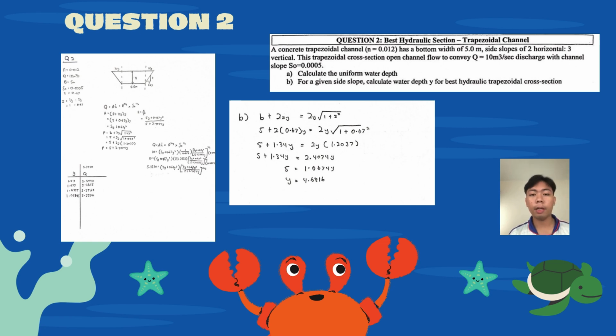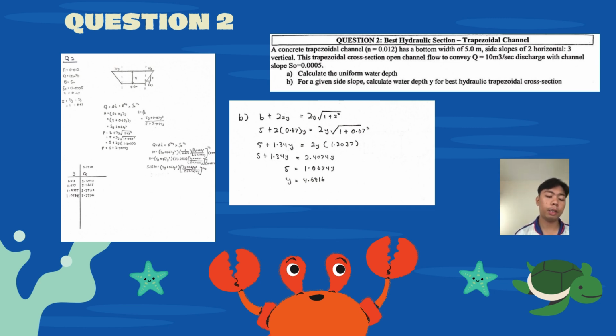Then we find P for the R. The P formula is P equals b plus 2y square root of 1 plus z square. So we get P is 5 plus 2.4074y, and then we get R is A over P, the formula.